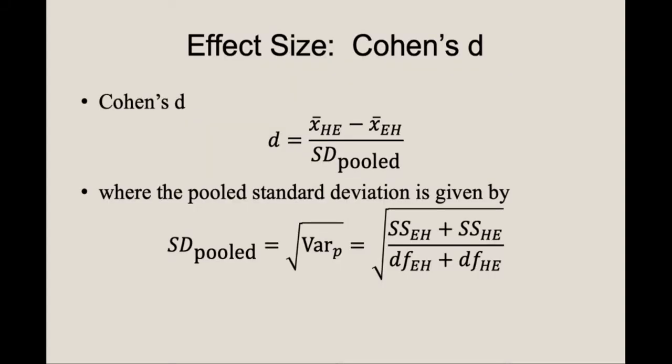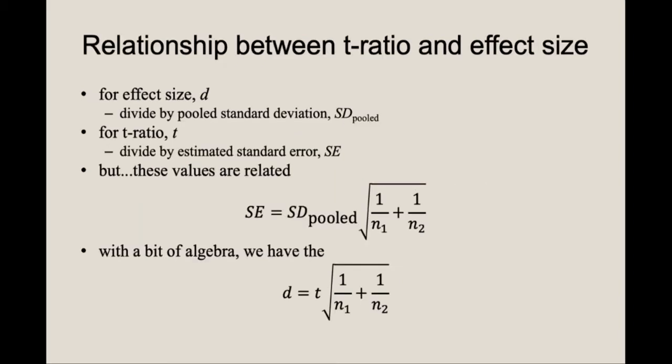Note that the formula for effect size divides by the pooled standard deviation, whereas the t-ratio divides by the estimated standard error. But it turns out that this standard error can actually be written as the pooled standard deviation times the square root of the sum of 1 over each of the sample sizes.